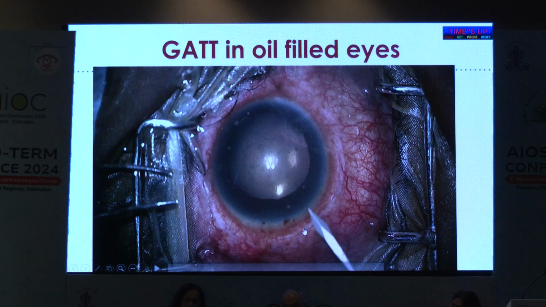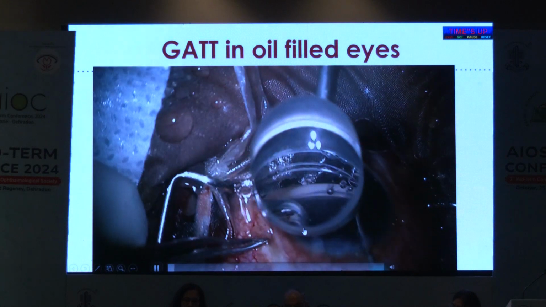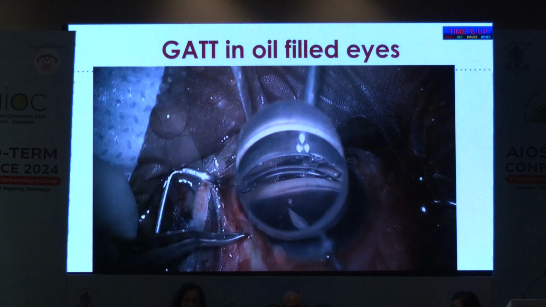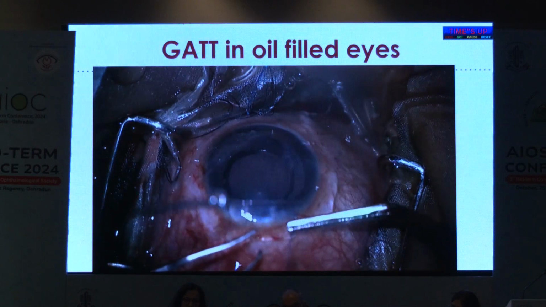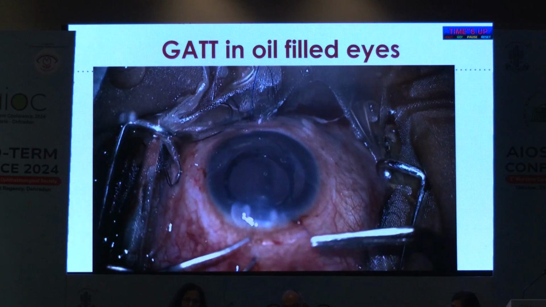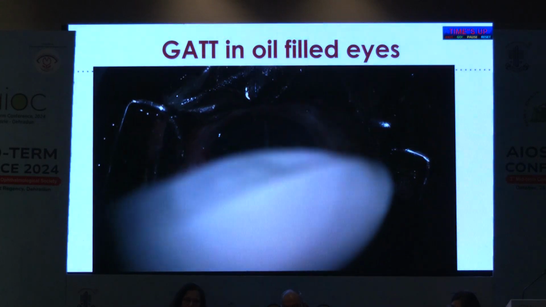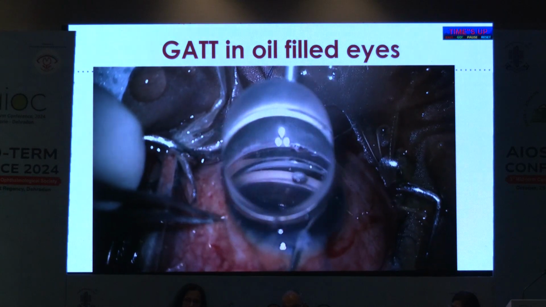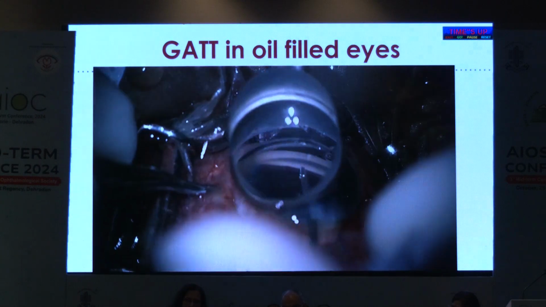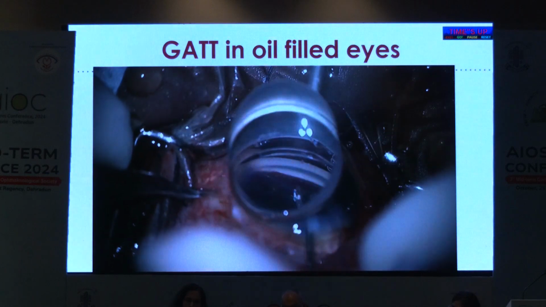We don't have enough data on this, but this was a silicone oil-filled eye with very, very high IOP 3 weeks after surgery, and the IOPs were not coming down. So we thought that as an interim measure, maybe we can try this, because since oil was already there, it could have led to failure of any surgery that we planned, and the oil was not to be removed by the retinal surgeons at this point of time.